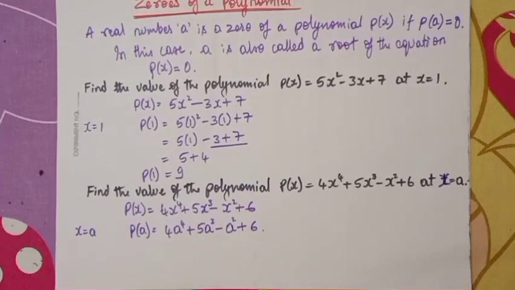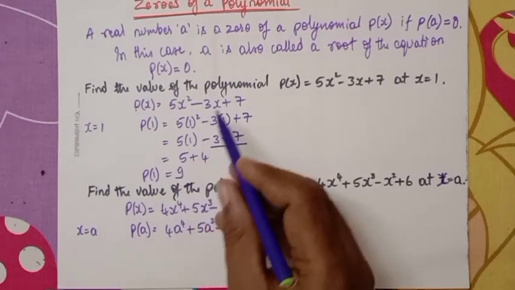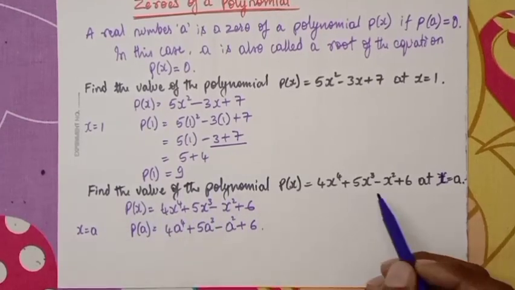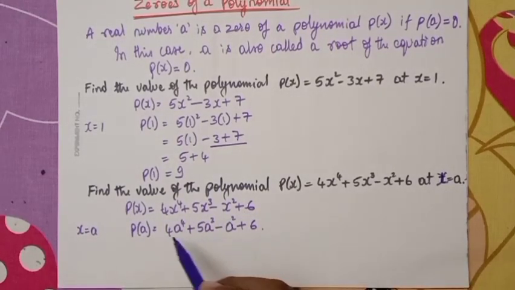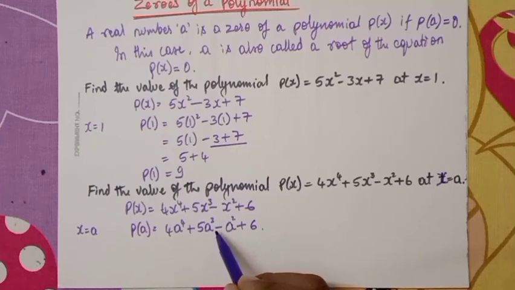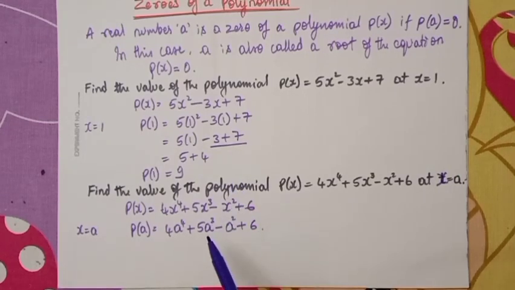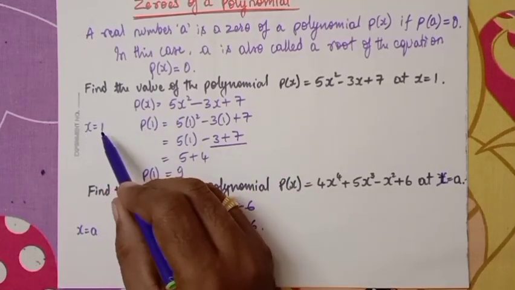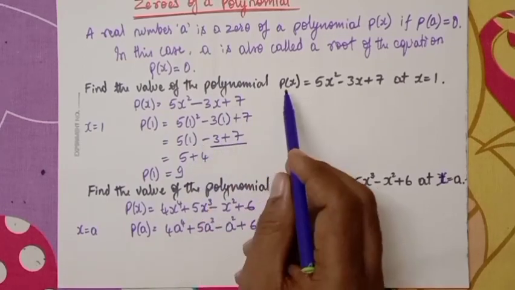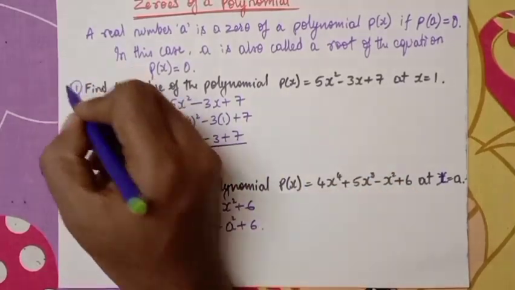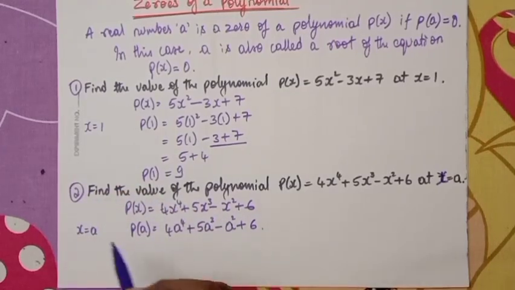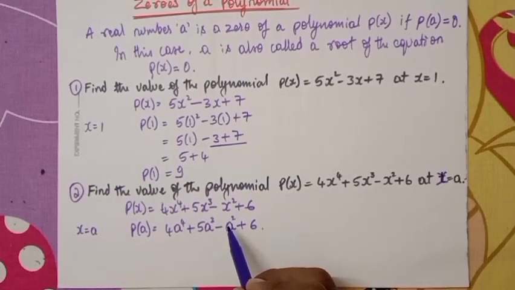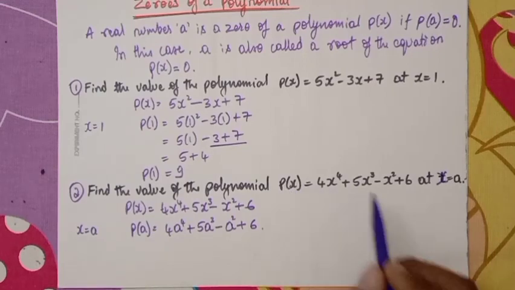For these examples, we can come to the conclusion that p of 1 is equal to 9 in the first case, and in the second case p of a will be equal to 4a to the power of 4 plus 5a cube minus a square plus 6. In both these cases, x is equal to 1 is not the 0 of the given polynomial in the first example, and in the second example a is not the 0 of the given polynomial p of x.